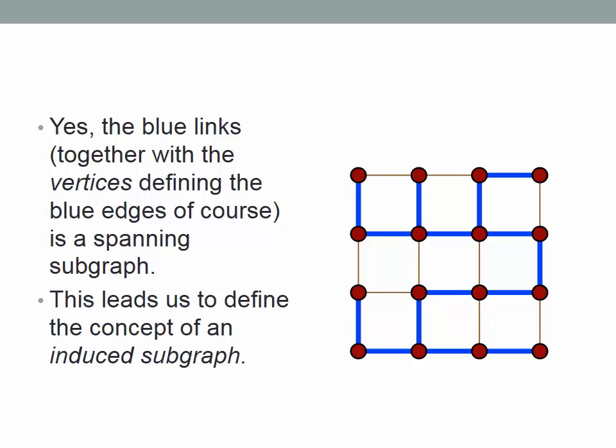Now, I'm choosing to include in this video the definition of an induced subgraph because that is what we are doing here. If we define our subgraph based on some subset of the links, then our subgraph is induced by those links.